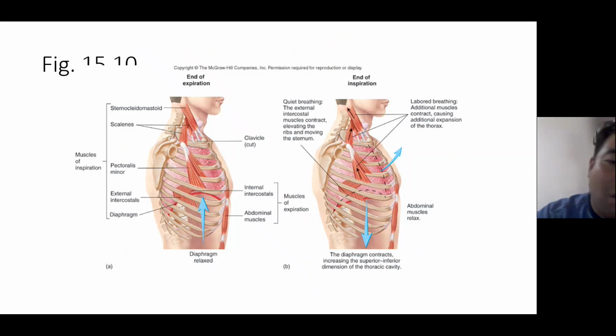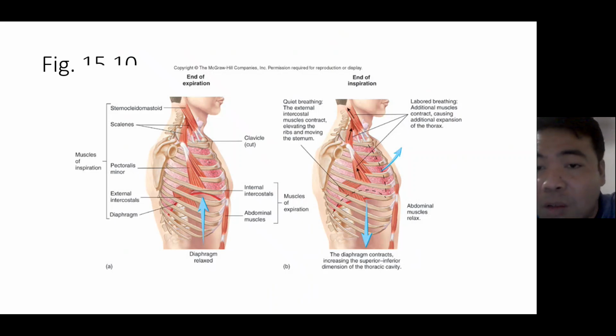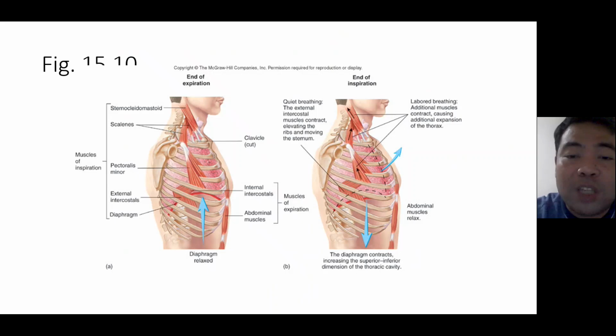Now, when do you need your abdominal muscles at saka internal intercostals? Sabi po dito, it is a muscle for expiration. It is used only for forceful expiration. When you force expiration, yung binilisan mo yung pagbuga ng hangin during expiration, dun mo lang naman mararamdaman na tumitigas yung abdomen mo. Diba? You try doing that. Yung normal na hinga, hindi tumitigas ang abdomen.